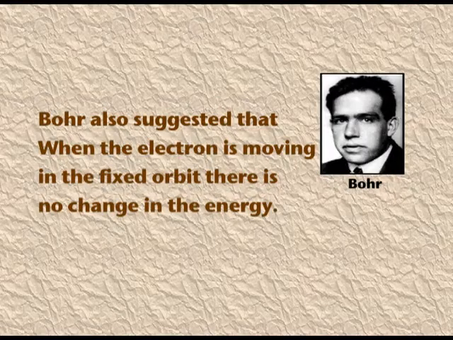He also suggested that when the electron is moving in a fixed orbit, there is no change in the energy. But when an electron jumps from a lower energy level to a higher energy level, it absorbs energy. Or when an electron moves back from a higher energy level to a lower energy level, the energy is radiated or emitted.